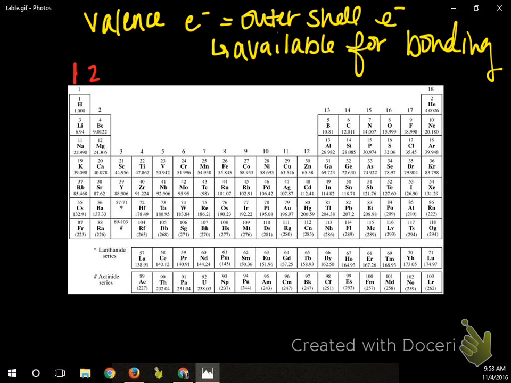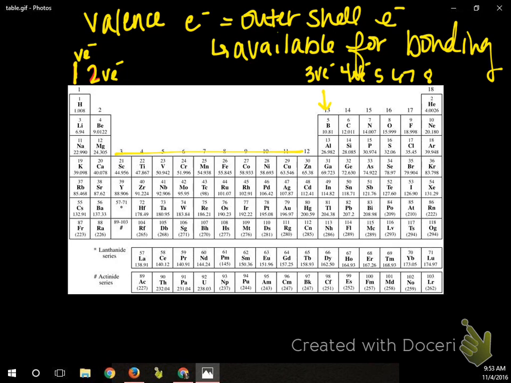So that means group 1 has 1 valence electron. Group 2 has 2 valence electrons. Okay, we skip the transition metals. Group 3 has 3 valence electrons, or group 13. Group 14 has 4 valence electrons, then 5, 6, 7, and 8.